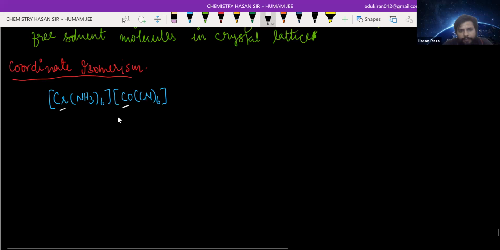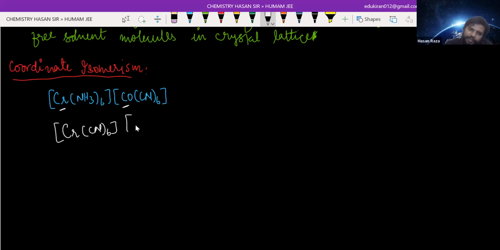The central atoms will coordinate with each other and exchange their ligands. This type of isomerism is known as coordinate isomerism. Is that clear? This is a single complex, this is a single complex. Both have the same chemical formula.